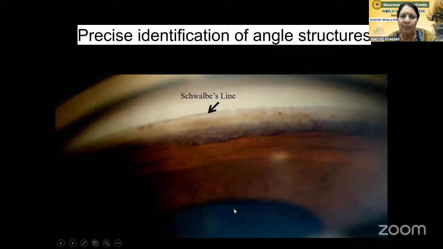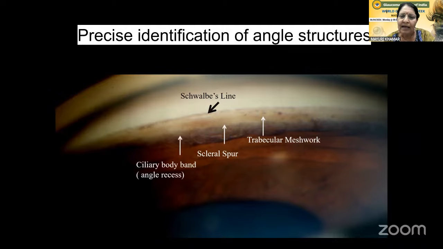The anteriormost part, which is a white prominent shiny line, is Schwalbe's line. Then is the trabecular meshwork, which is divided into anterior non-pigmented and posterior two-thirds pigmented meshwork. Then is the white band or white line, which is the scleral spur. And lastly, the gray zone is the ciliary body band.